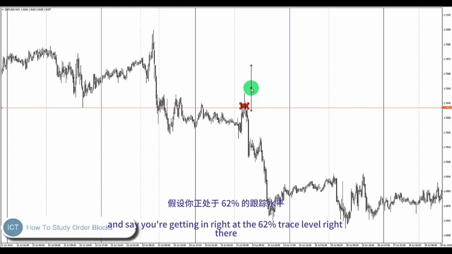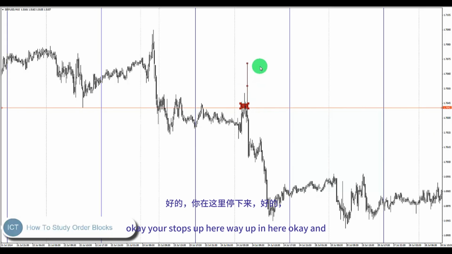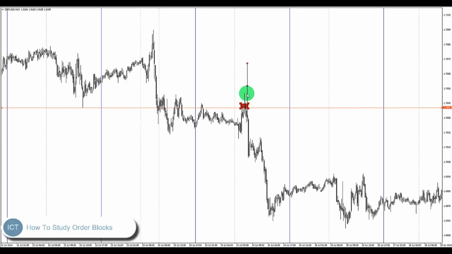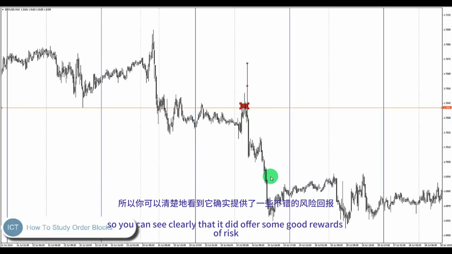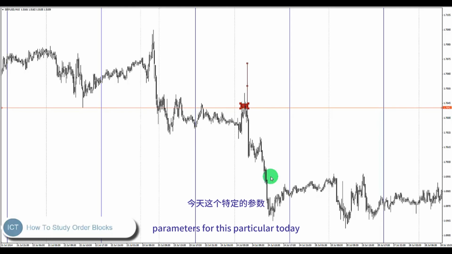And say you're getting in right at the 62% retracement level, right there. Okay, your stop's up here, way up in here, and is not ran. So you can see clearly that it did offer some good reward to risk parameters for this particular day.